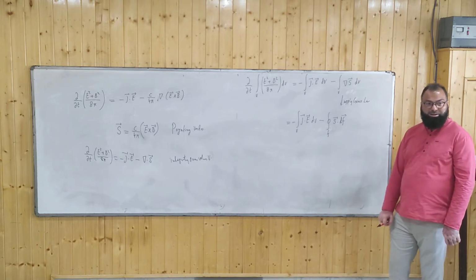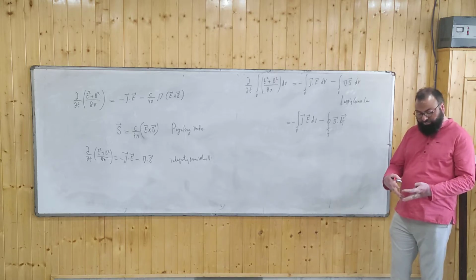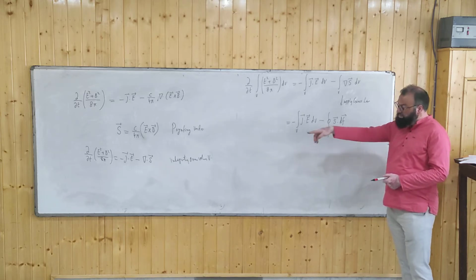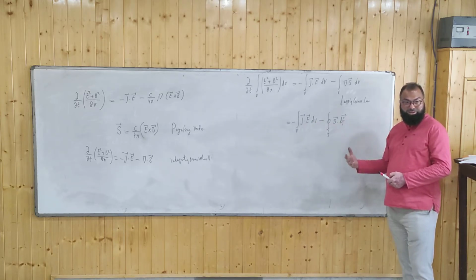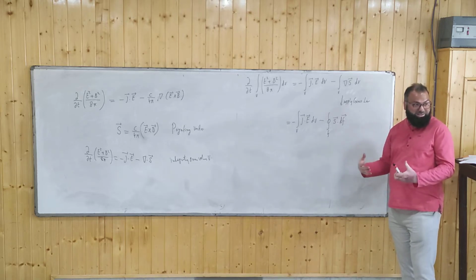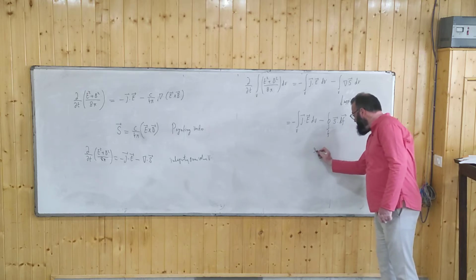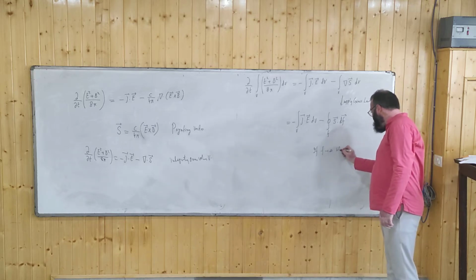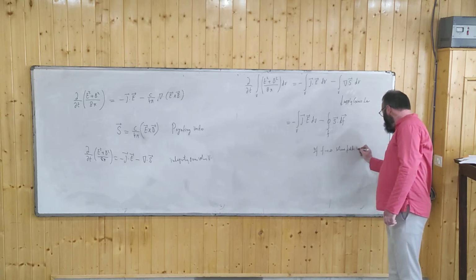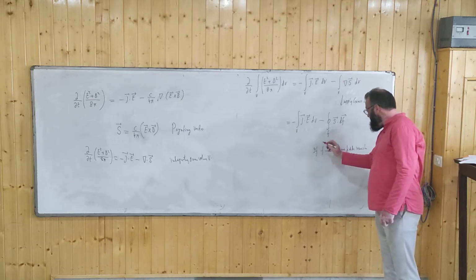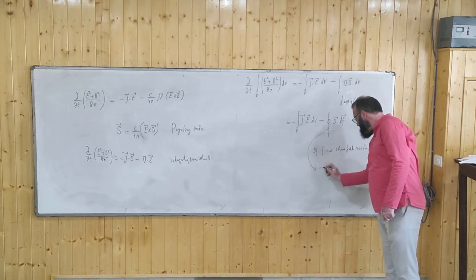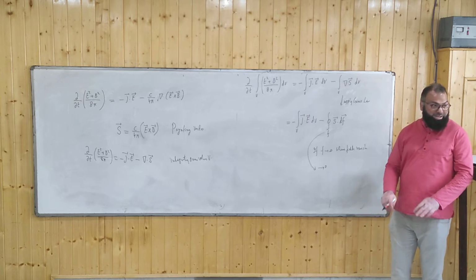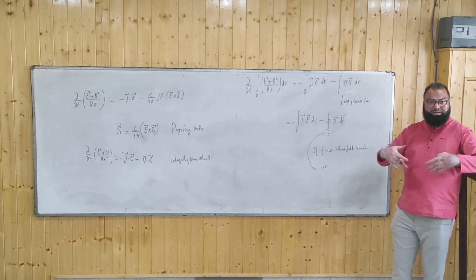Clear? Got it? Okay. Now if this boundary extends to infinity, what will happen to this thing? Because this S contains the fields E and B, at the boundary the fields vanish. So if F tends to infinity, that means the boundary extends to infinity, where the fields vanish, so this object vanishes.